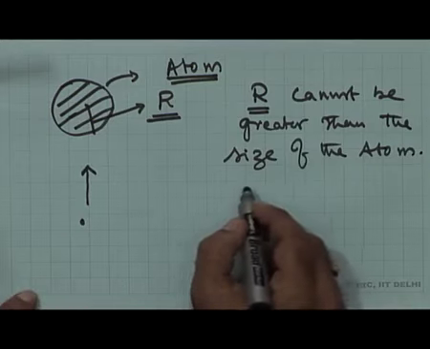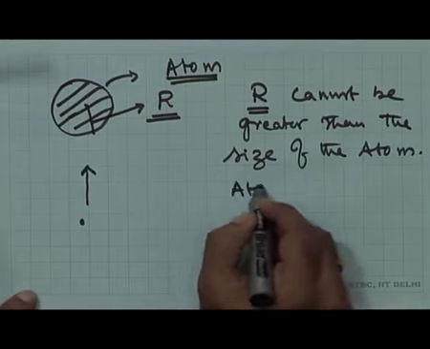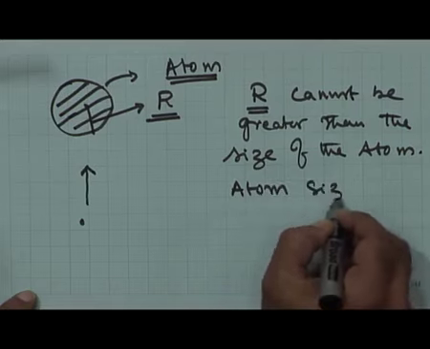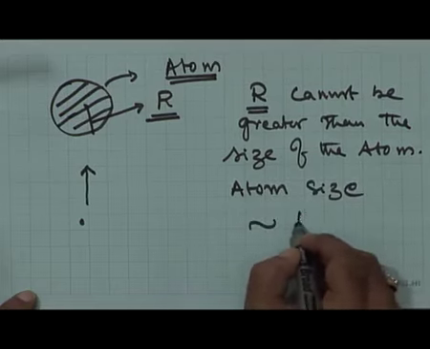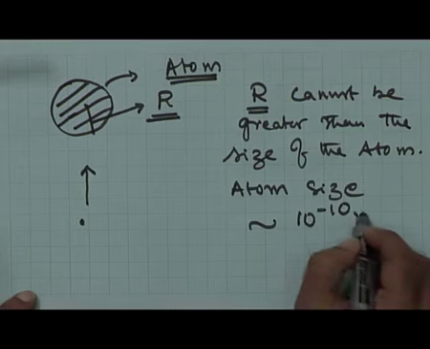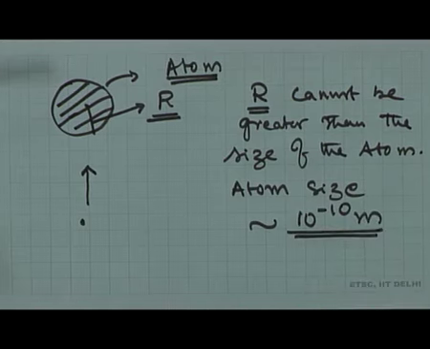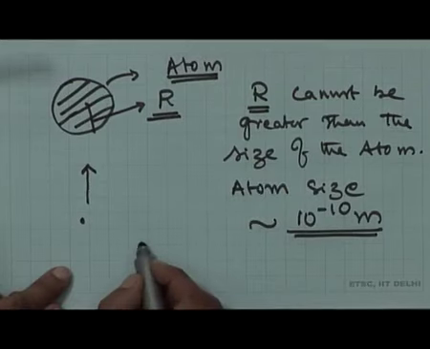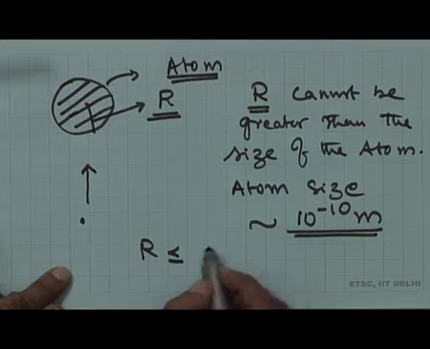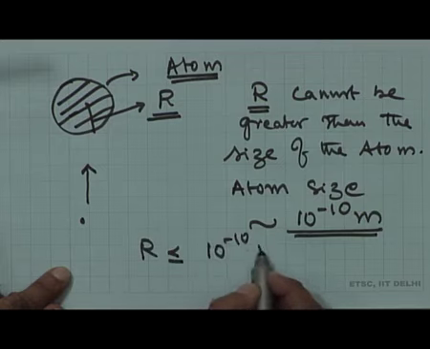And what is the size of the atom? Atom size is of the order of 10 to the power of minus 10 meters. So if at all the positive charge is distributed, r should be less than or equal to 10 to the power of minus 10 meters.